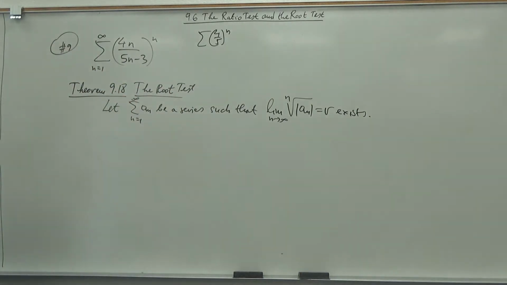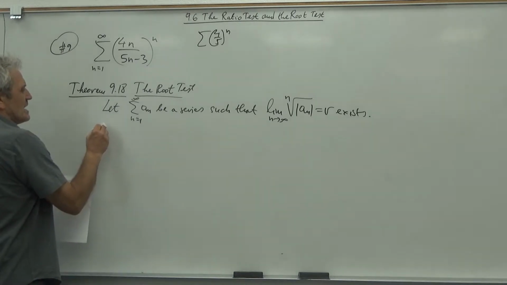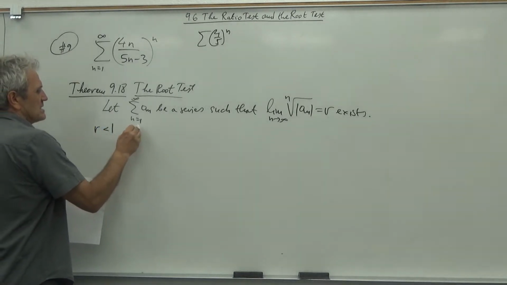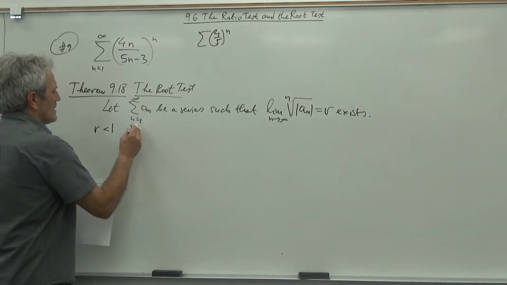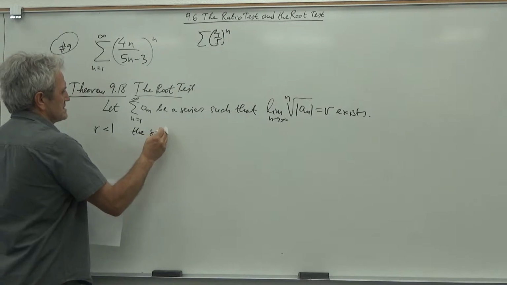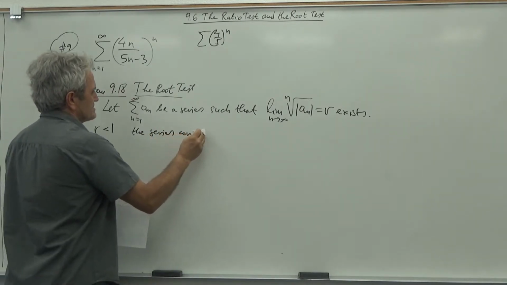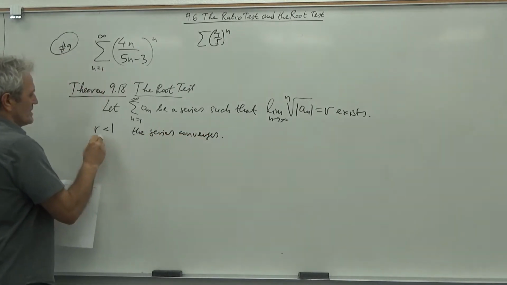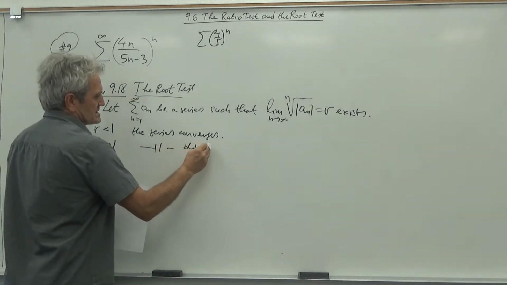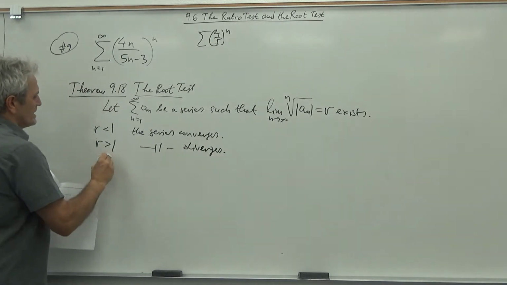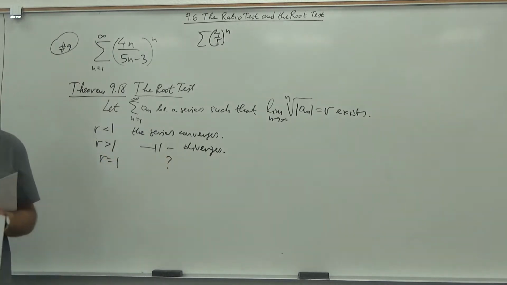So instead of taking ratios, we are taking the nth root. Then, if r is less than 1, the series converges. If r is greater than 1, the series diverges. It's the same decision making. If r equals 1, it's inconclusive.